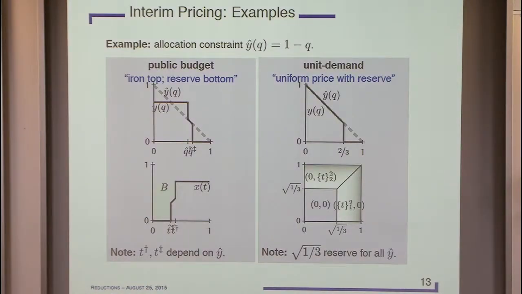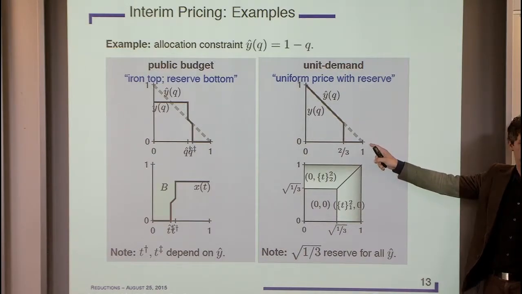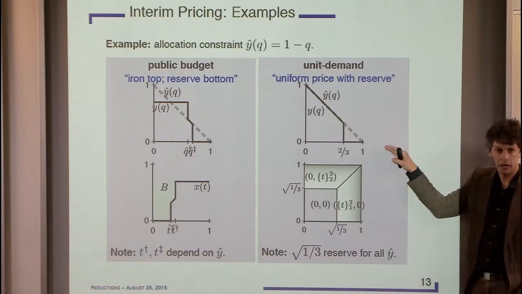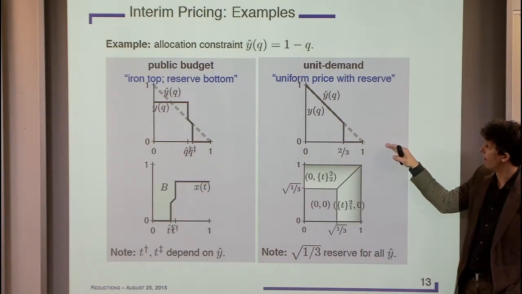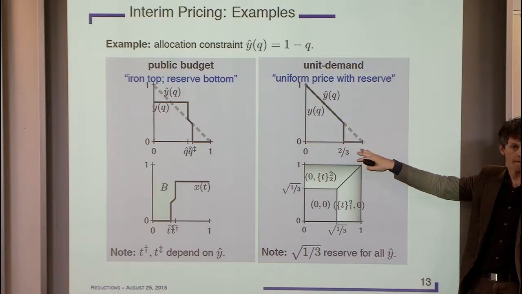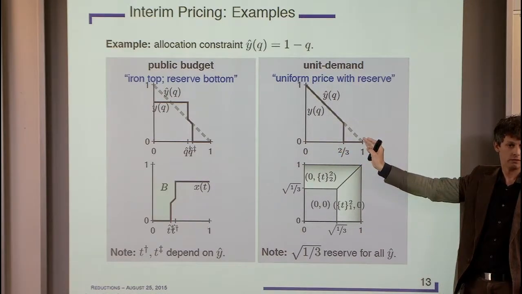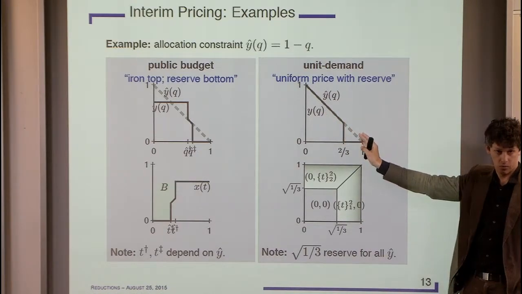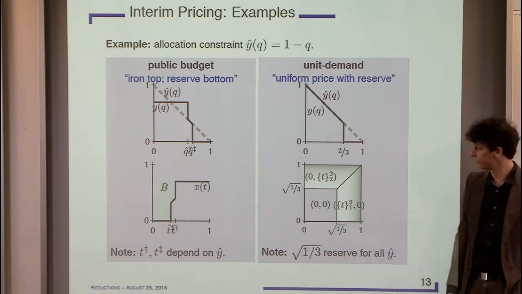Okay. Good. What about the unit demand case? Again, taking the exact same unit demand example, the allocation constraint y hat is the minus 45-degree line. The optimal allocation has this allocation rule here, just the reserve price. Greedy allocating by strongest quantile until the reserve price.